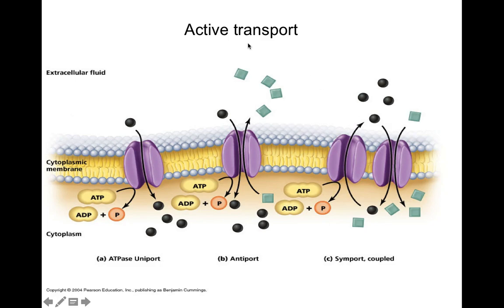This last slide, folks, is on active transport, and those of you that have had A&P, do not worry. I don't ask you about uniport or antiport or symport. I just want folks to know what we mean by active transport. Active transport is when we're moving the substance from an area of low to high concentration. We're transporting this molecule from an area of low to high, and this one's going from low to high.